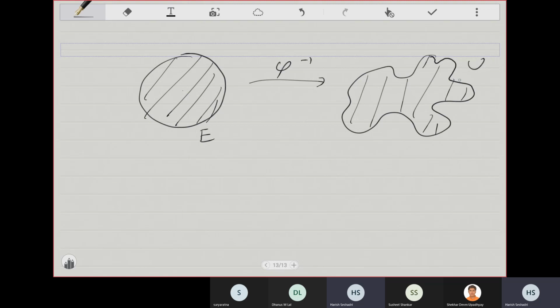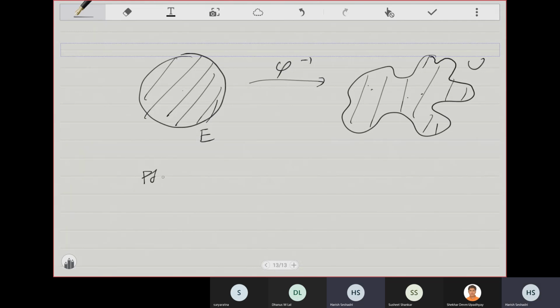And this same thing holds for U. It may look very distorted, but the inside is all filled up in some sense. There are no holes. And whether there are holes or not is the key property for whether every closed form is exact or not.